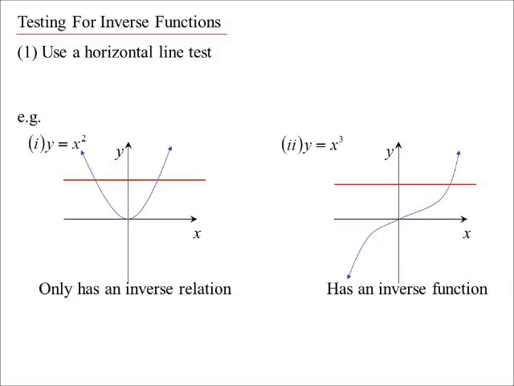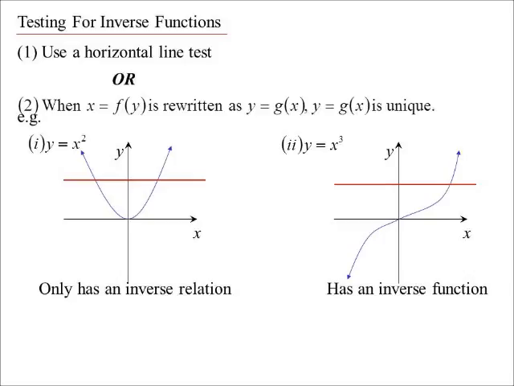So that's visually. But I could check with algebra as well. So if I swap the x and the y's around and try and make y the subject. Now, if when I'm doing that, I come up with something that's unique, i.e. there's only one possible answer, then it's an inverse function. But as soon as I hear myself saying things like plus or minus, that means there's two possibilities. So if we have a look at our parabola, I swap the x and the y's around, so x is y squared.